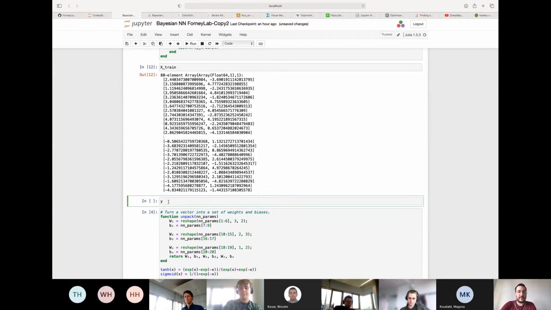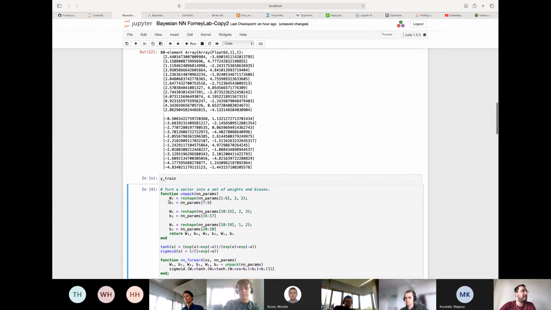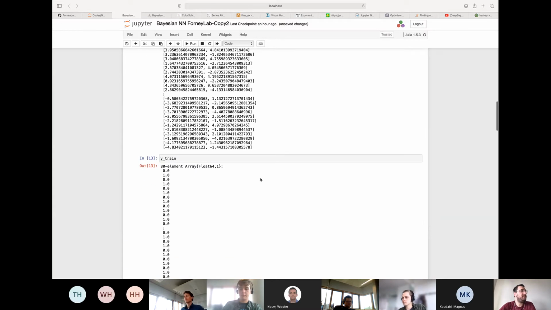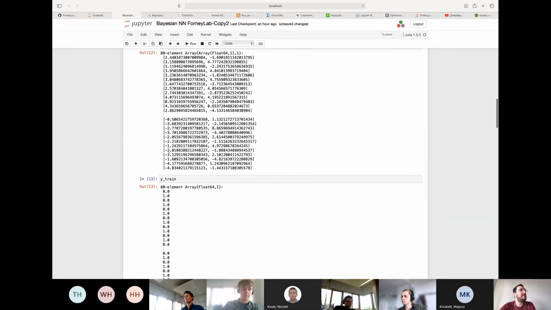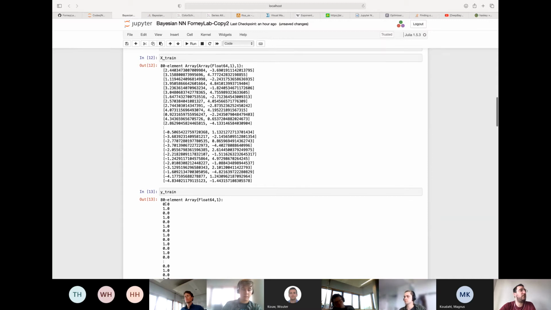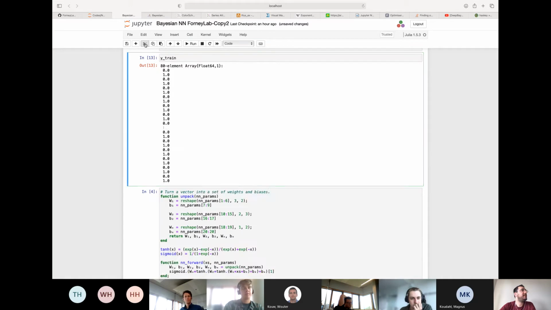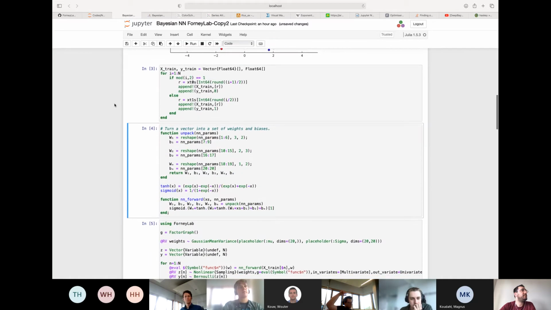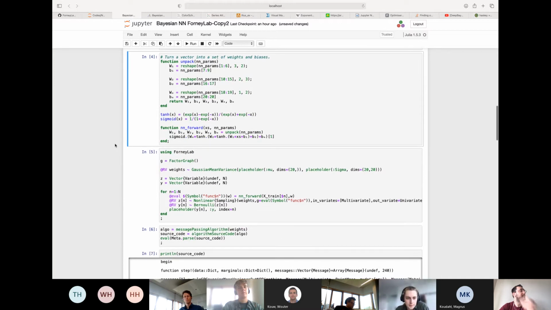And this is the output. So we say this one refers to class 0, the second one refers to class 1, and so on. Okay, so let's continue with the model.